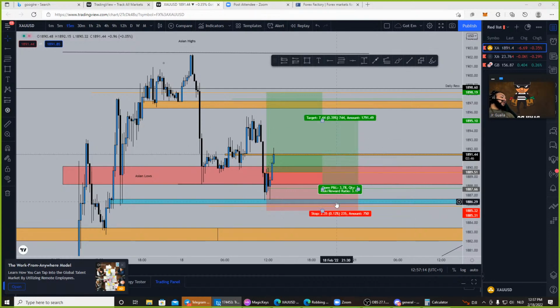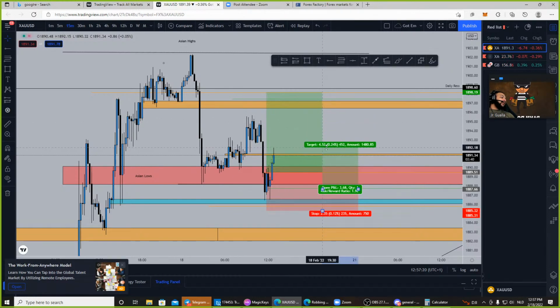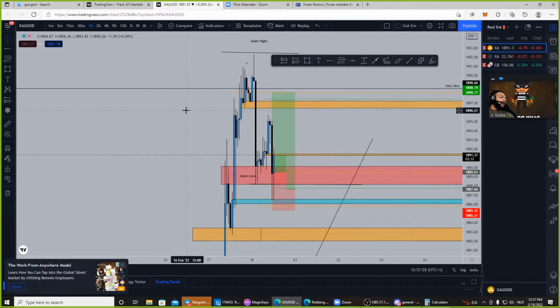So I just closed half on this trade right here when it hit 2-1 on my 5-minute trade. I didn't really get there, but good enough. You know what I mean? Closed half.